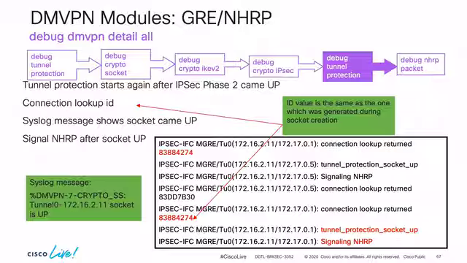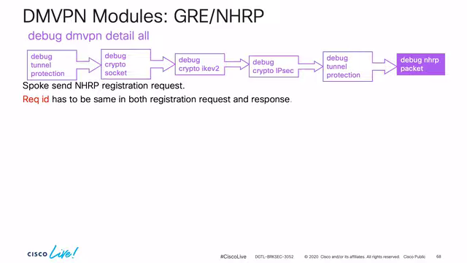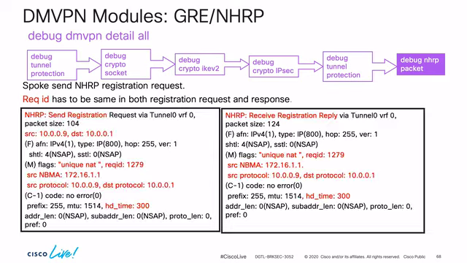Now let's take a look at the NHRP debugs that we would see if we turn on debug dmvpn detail all. This is the complete list of NHRP debugs from a spoke. It starts off by sending out a registration request.